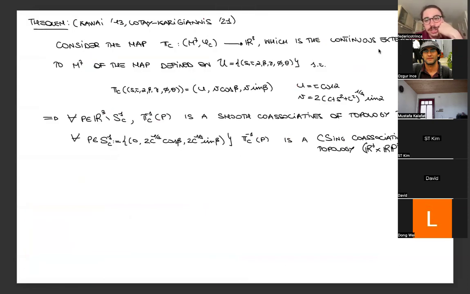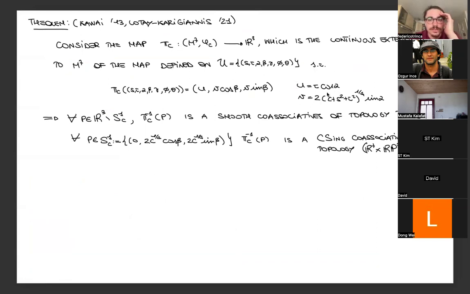So given such a fully integrable system of ODEs, what you can do is consider a map from your 7-dimensional manifold into R^3, which is the continuous extension of the obvious map defined on our chart. So I have my 7 coordinates here, and I'm mapping them to u, v cos beta, v sin beta.